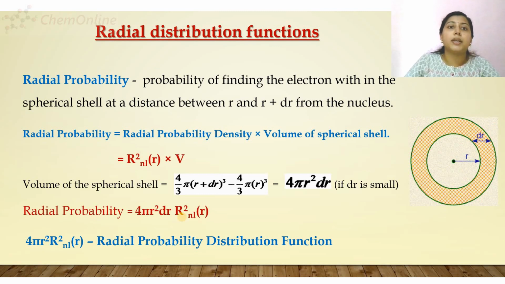Similarly, R is the radial part of the wave function, and hence R squared represents the probability density of finding an electron within a spherical shell of volume 4 pi r squared dr. So 4 pi r squared times capital R squared is the radial probability distribution function, or simply radial distribution function.